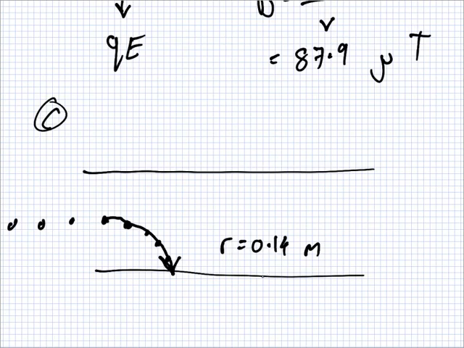So if it's lost one electron, what's its charge? Plus. Yeah, so these are all positive charges, okay? Also, you know the velocity. The velocity here is 5.5 times 10 to the 5 meters per second. First question is, what is the flux density of the magnetic field?